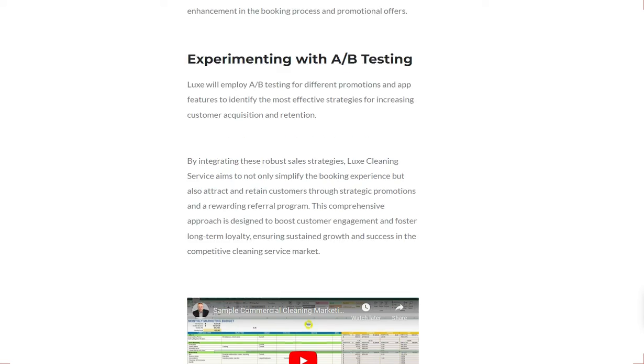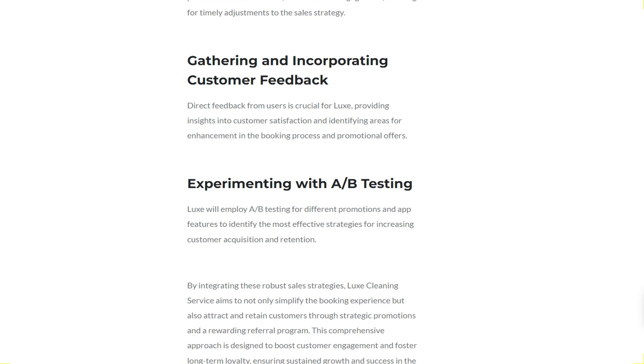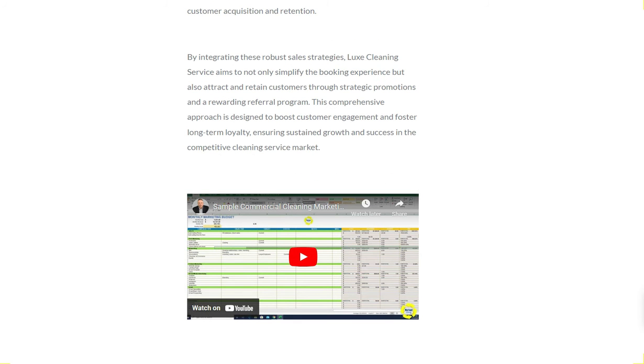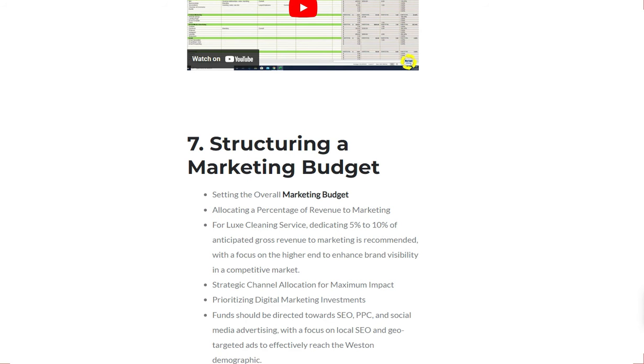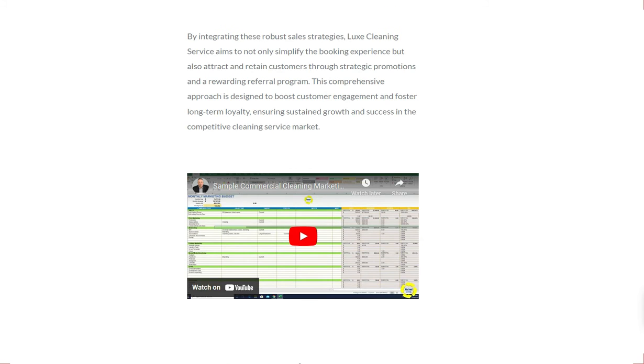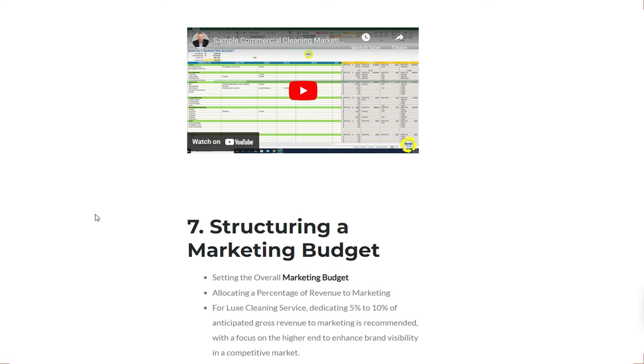So that's all about the sales strategy process and different questions, and you've got to keep going for more and more. Number 7 is a marketing budget. That's putting together a marketing budget. The big thing with a marketing budget is that it's not just the money and the return on investment.